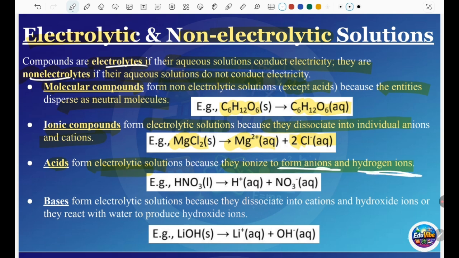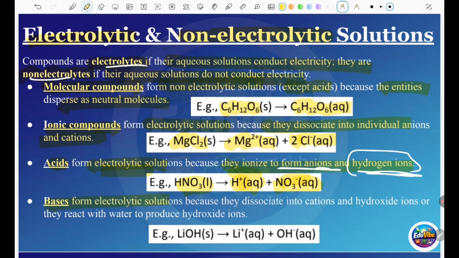Hydrogen ions are positive, H+ aqueous, and we have NO3-. HNO3 is a strong acid, so it can be ionized. After reaction, we get H+ aqueous and NO3- aqueous. The main thing to know is which products can be released on the product side.